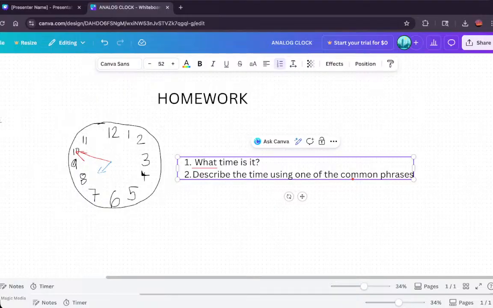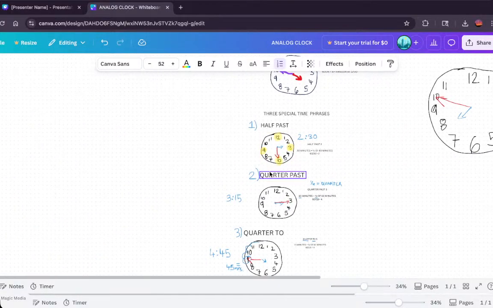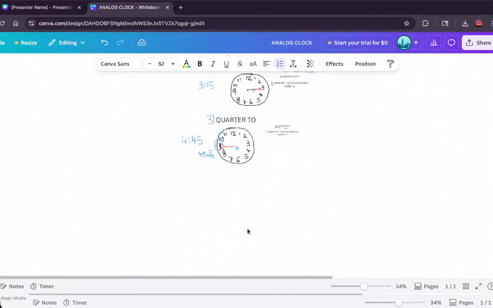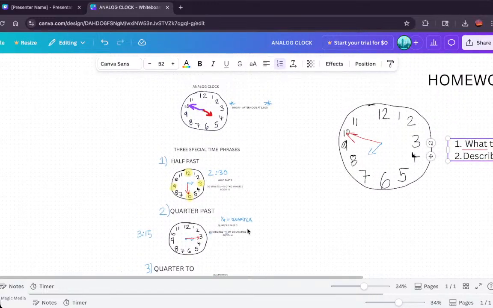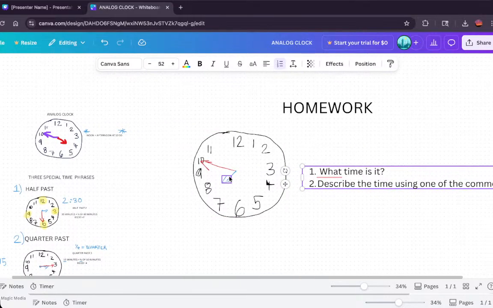The common phrases are half past, quarter past, and quarter to. Or if you don't want to say those, you could also say 10 minutes till or 20 minutes till a certain time. Okay?